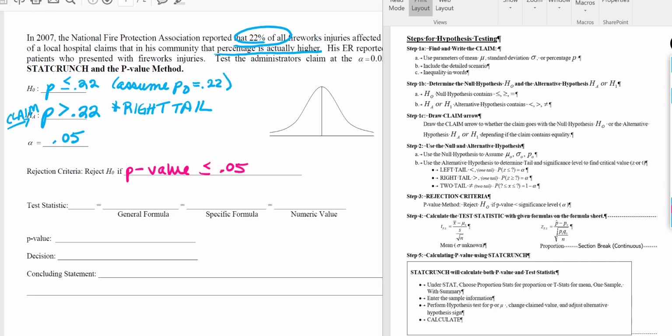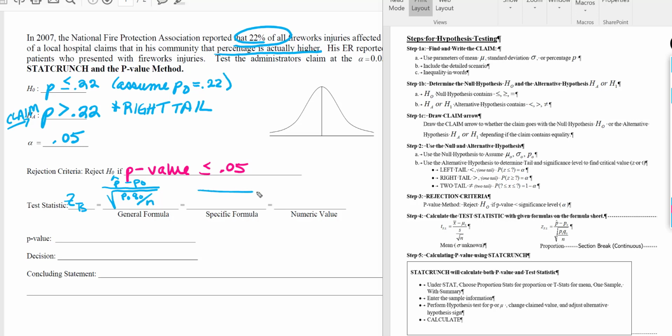Next, our test statistic. Looking at our steps for hypothesis testing, since we're testing a claim about a proportion, we're going to use a z-test statistic, and it's going to be p hat minus p sub 0. Let me write that down. Our z-test statistic is p hat minus p sub 0 divided by the square root of p sub 0 times q sub 0 divided by n.